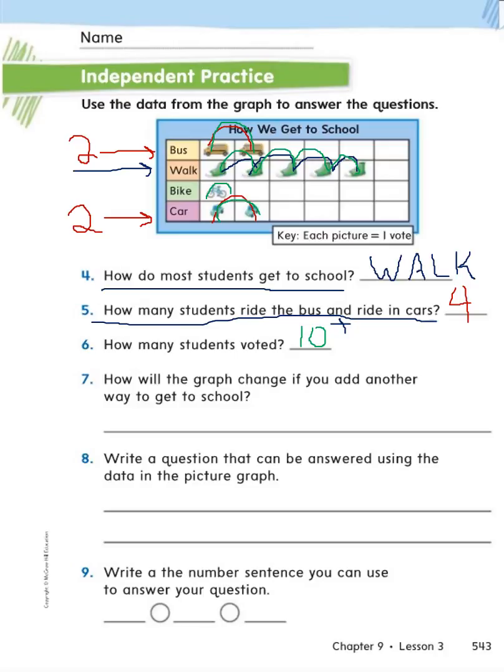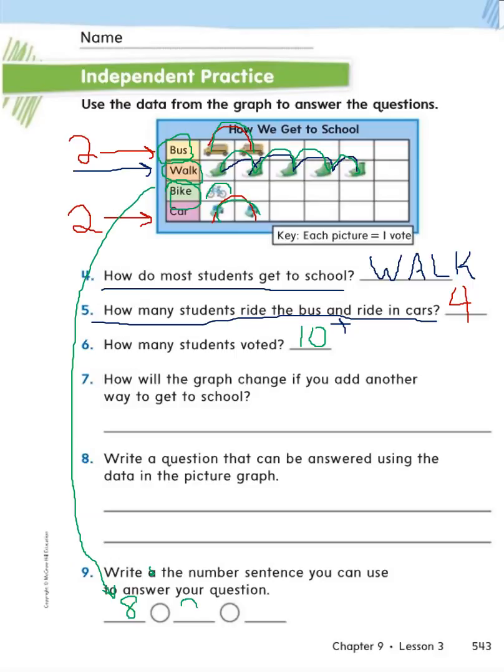Now, for my number sentence, I would do something like this. I would add the bus people, that's 2, and the walkers, 2 plus 5 is 7, and the bike, so that's 8. And I'm going to write that down here, 8. My question was, how many people don't take a car?